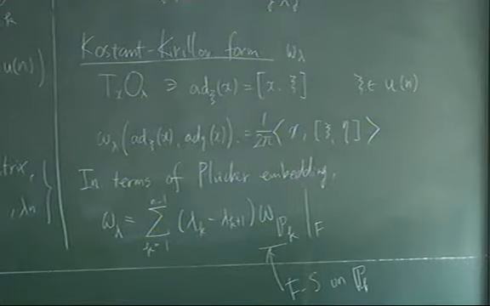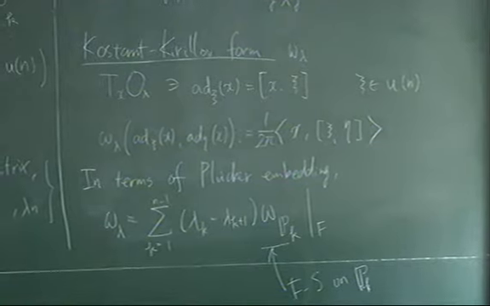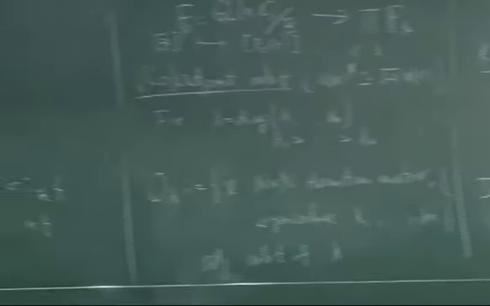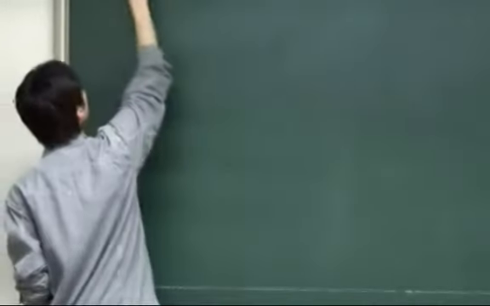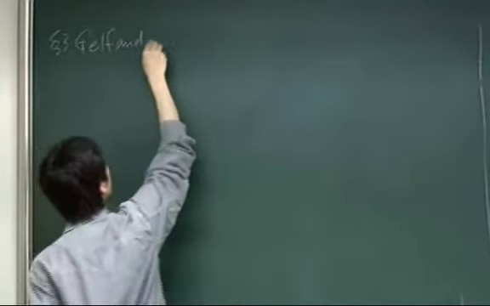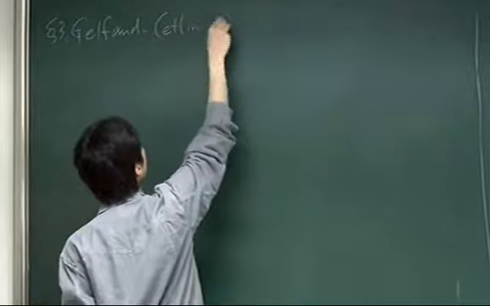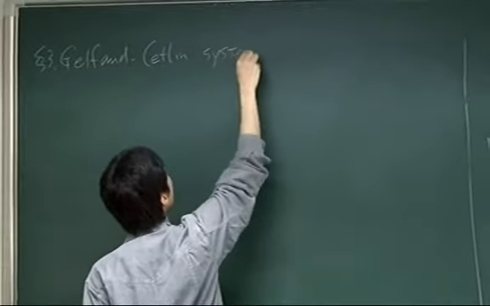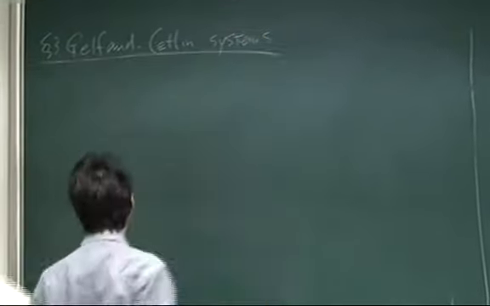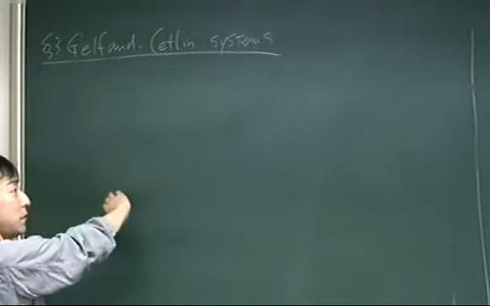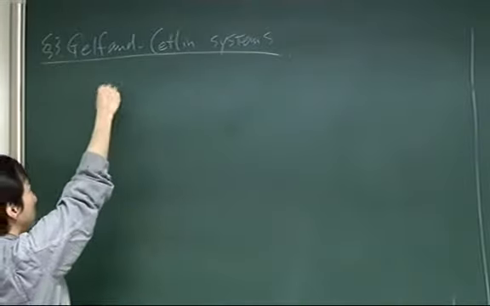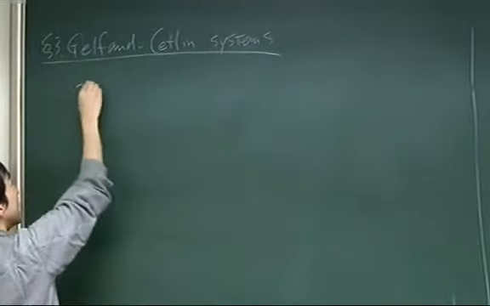Then we can give a definition of the Gelfand-Cetlin system. Here we think of the flag manifold as a co-adjoint orbit O_lambda. We take a point X in O_lambda.